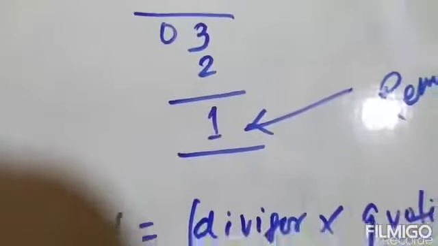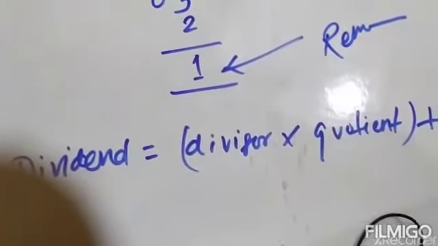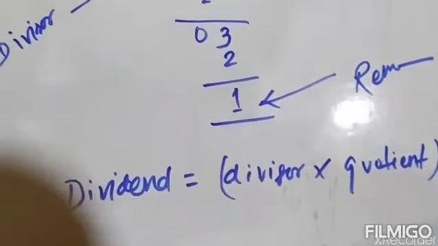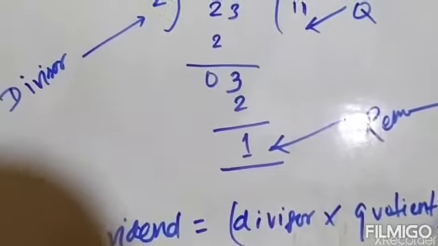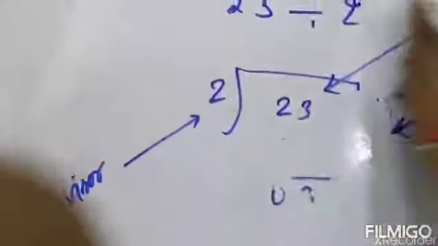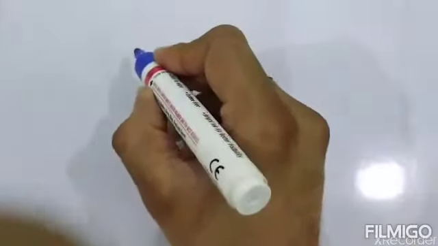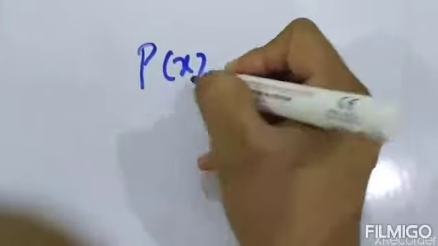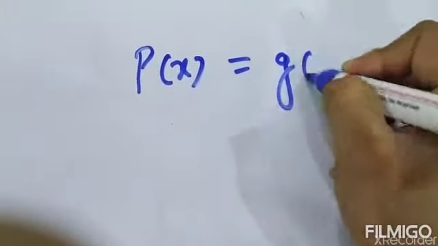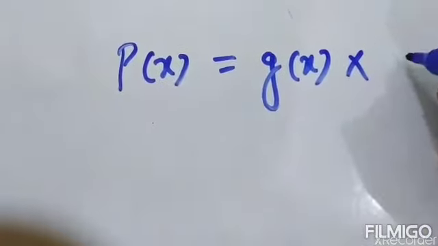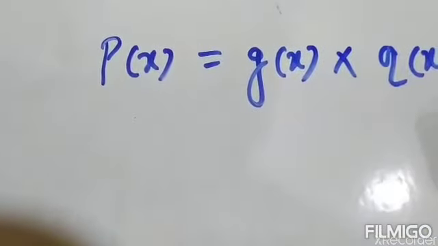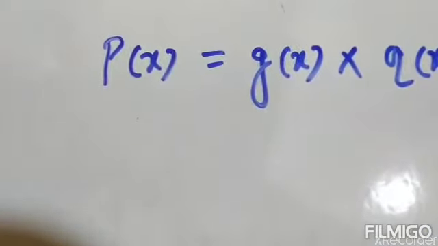So how do we write this in the form of a polynomial? The same thing I am going to write with the variable x. I am writing the division algorithm now: P of x is equal to g of x multiplied by q of x plus r of x.